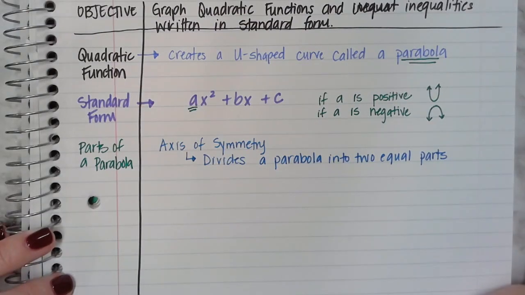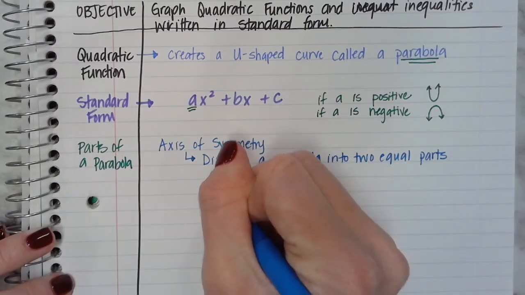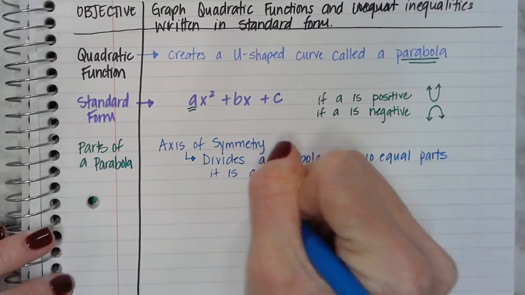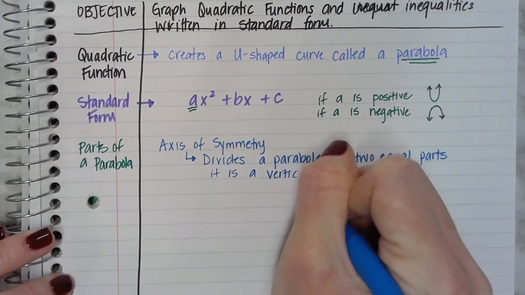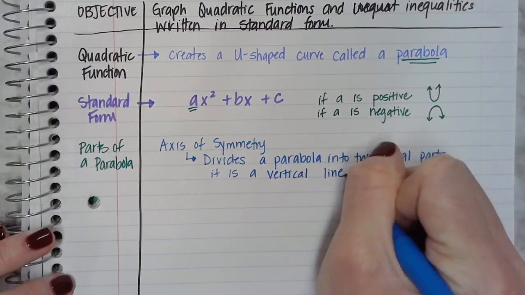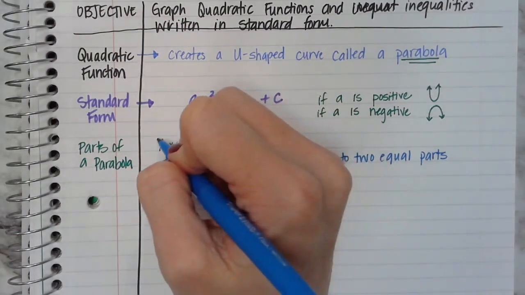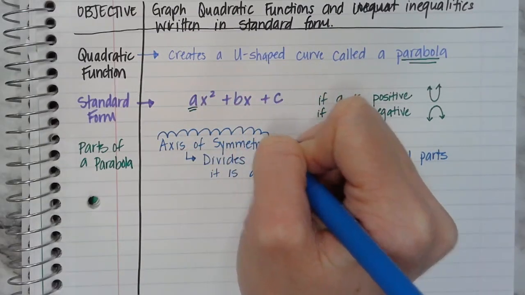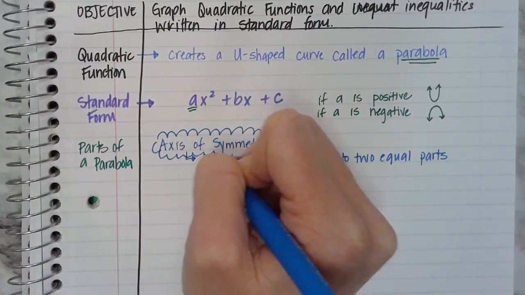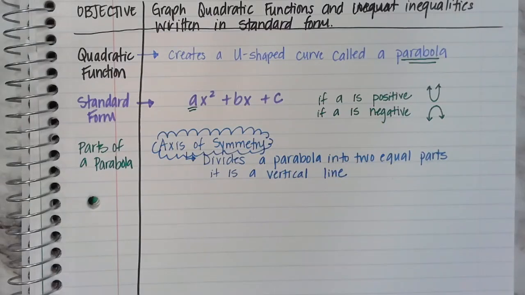And it is a vertical line. Now the axis of symmetry is a key feature of a parabola. It's the key feature of a quadratic equation. And there is a formula for finding the axis of symmetry.